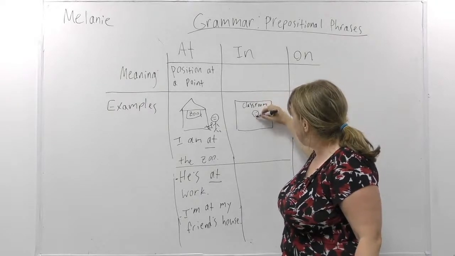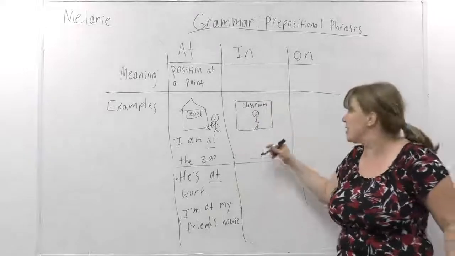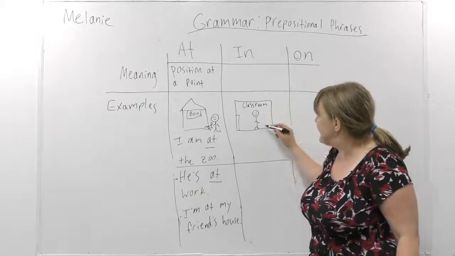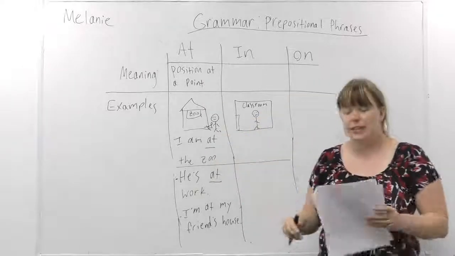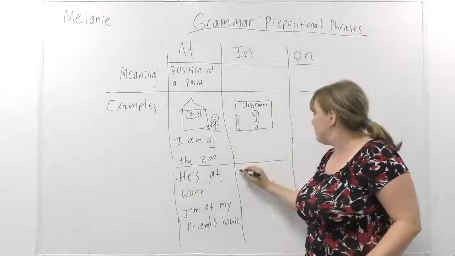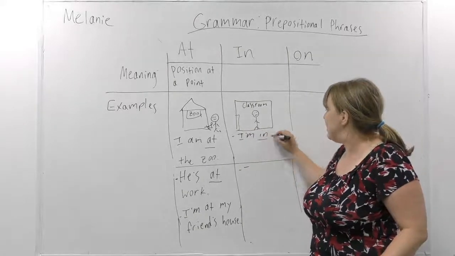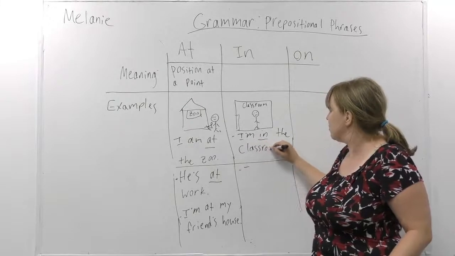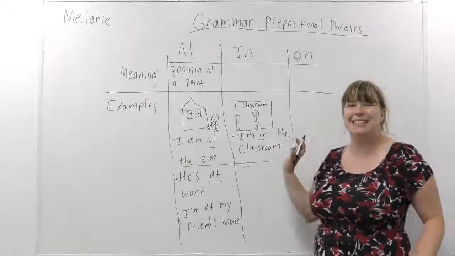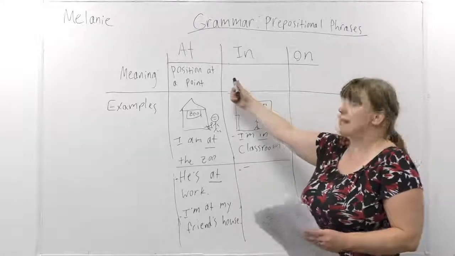So here I am actually inside the classroom. Like the door's over here, but I am in a room with a bunch of walls. I'm in the classroom. Easy peasy, lemon squeezy.